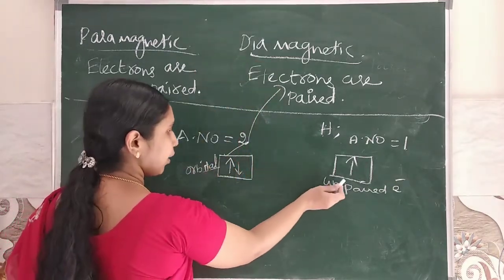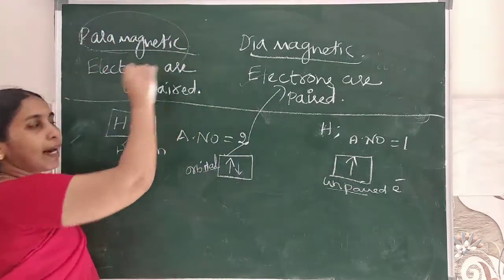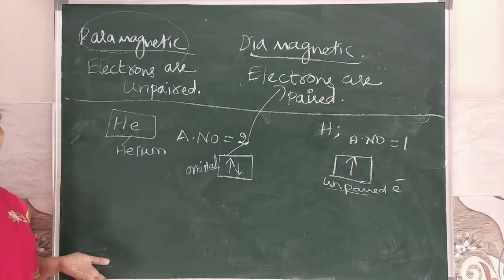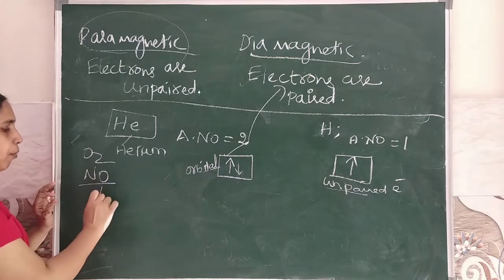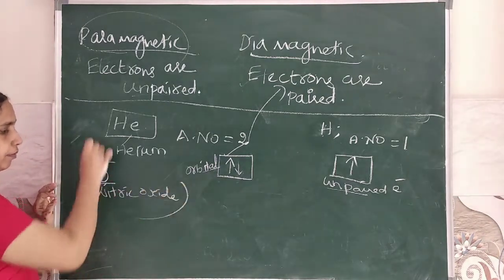If the electron is unpaired, it is paramagnetic. Paramagnetic molecules in your book are, for example, O2 and NO. NO means nitric oxide.